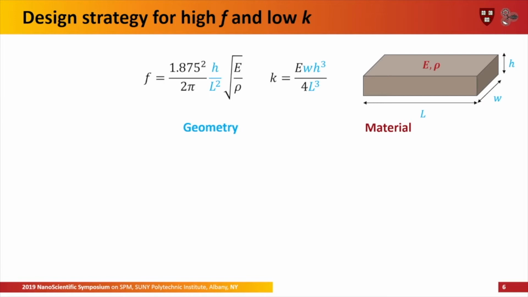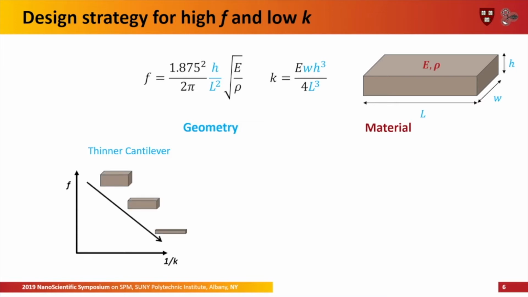The first way to make higher frequency or lower spring constant cantilevers is to make the cross-section smaller, or a thinner cantilever in this case. Keeping the length constant, we can technically reduce the spring constant to a lower level, but at the cost of lower resonant frequency.